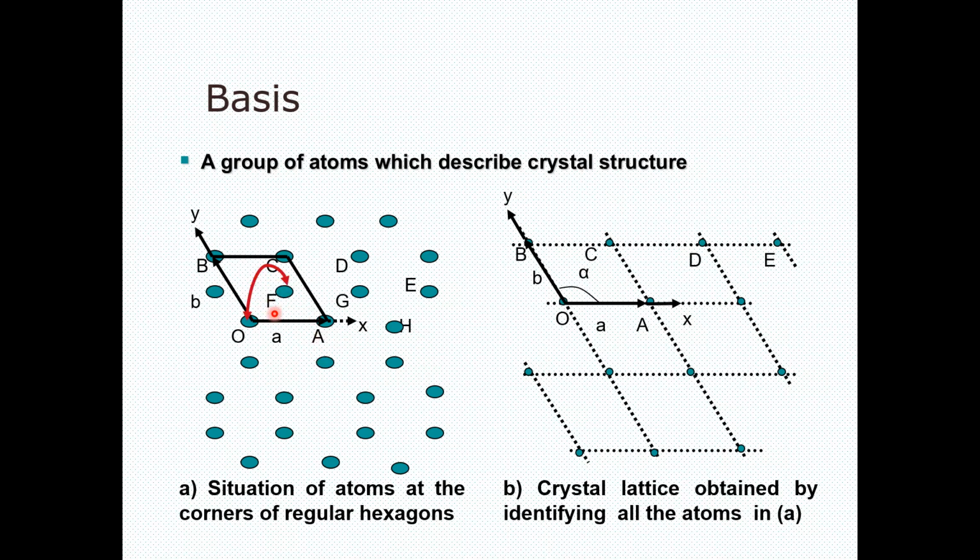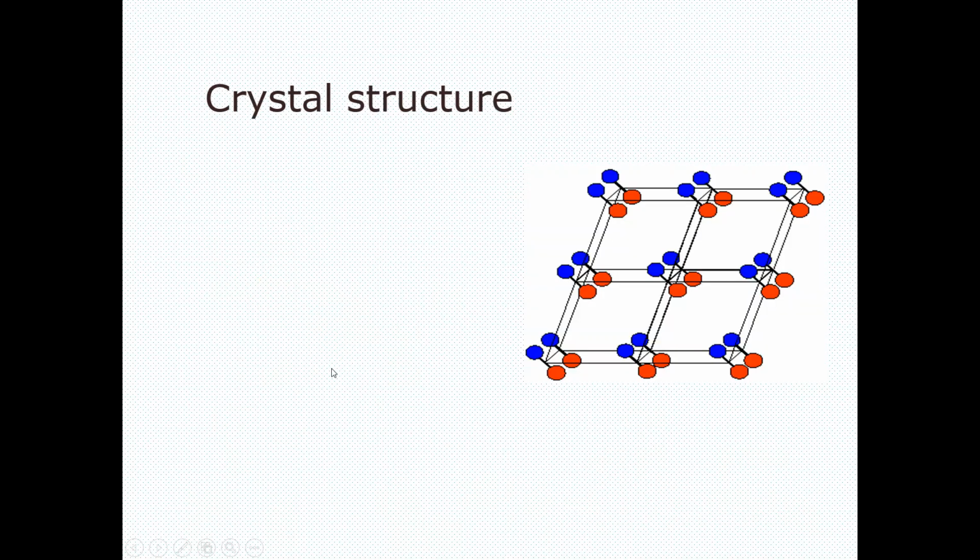Here we just specified the point, and this crystal lattice is obtained by identifying all the atoms in A, this particular structure.